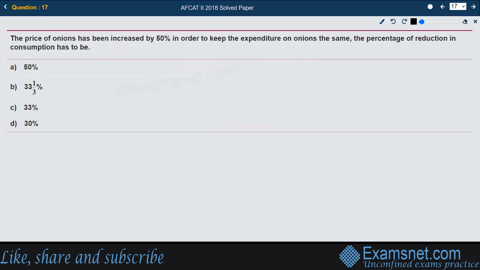17. The price of onion has been increased by 50%. In order to keep the expenditure on onions the same, the percentage of reduction in consumption has to be. Again, there is a percentage reduction in consumption. We need the formula for percentage reduction in consumption to maintain the expenditure.